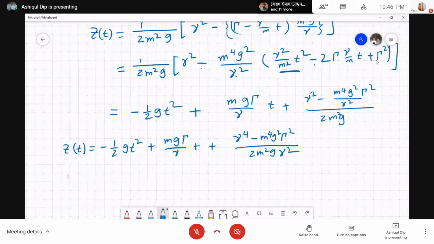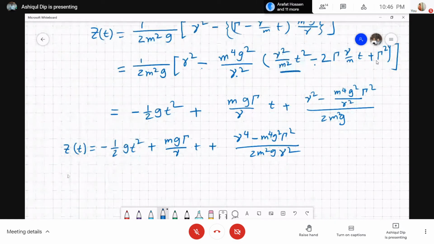So for z we had this. Then for x of t, we had negative A plus alpha by m t, right?